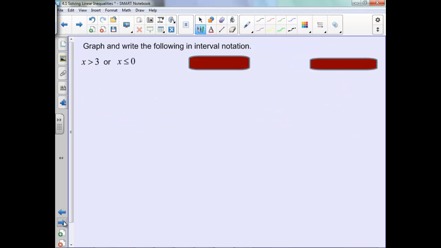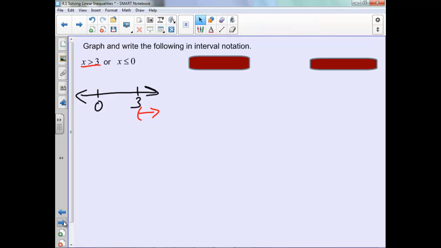So now we're going to look at OR. And what OR means is we can have 1 or 2 lines. When we graph x is greater than 3, that's going to be going to the right. The second one goes to the left.